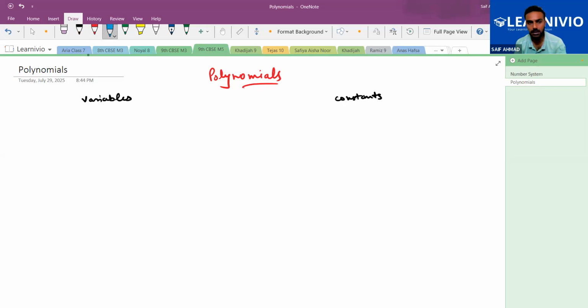Variables are the quantities having a fixed value. Sorry, we do not have a fixed value. Variables are quantities that do not have any fixed value. For example, all the alphabets A, B, C, X, Y, Z. These are all called variables.